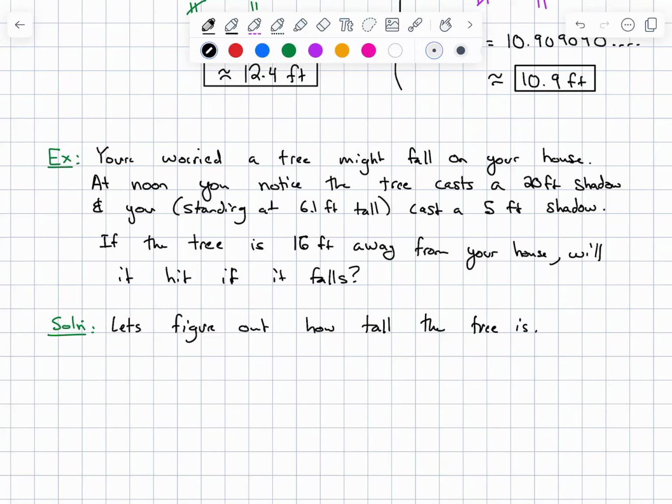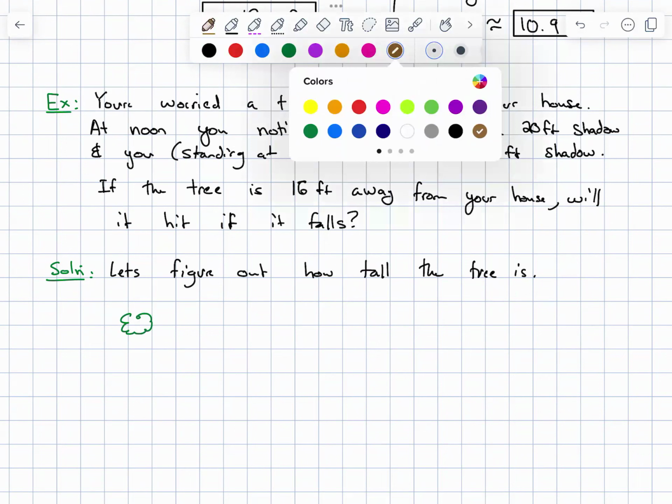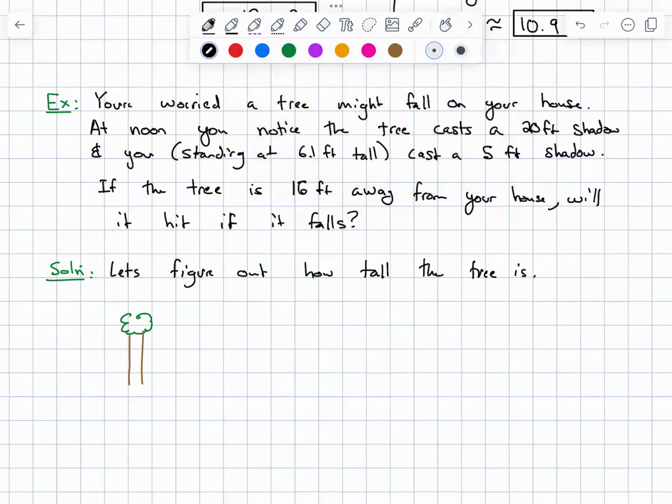It'd be too wobbly. So let's draw a little picture to get ourselves visualizing this. We have our super accurate tree, and it's casting a shadow to here. This distance is 20 feet, and this is unknown. We'll put a question mark. And then here you are standing at 6.1 feet, casting a 5-foot shadow.